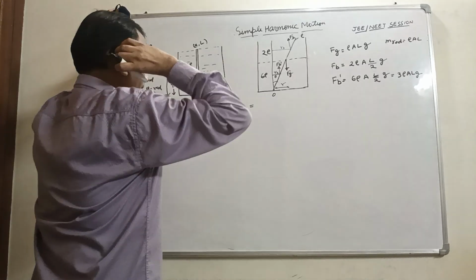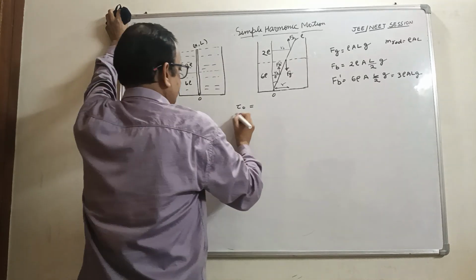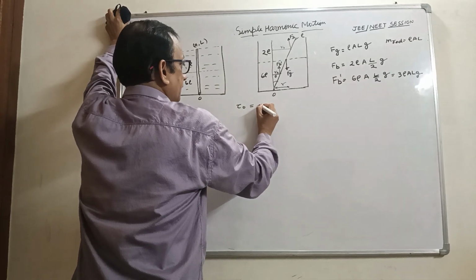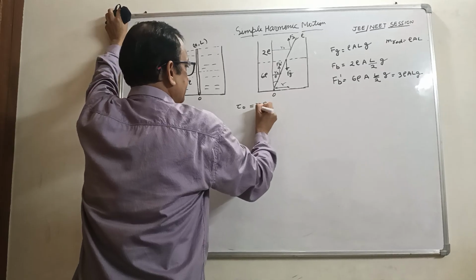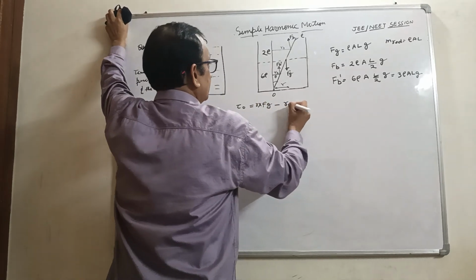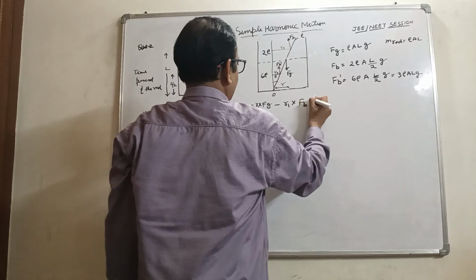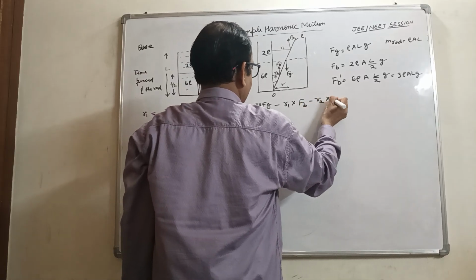So we take torque here. Torque would be R cross Fg minus R1 cross Fb minus R2 cross Fb dash.